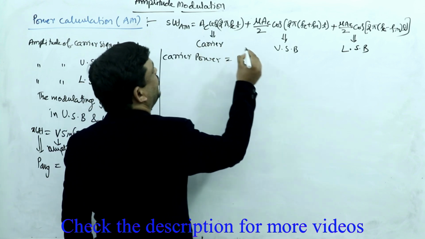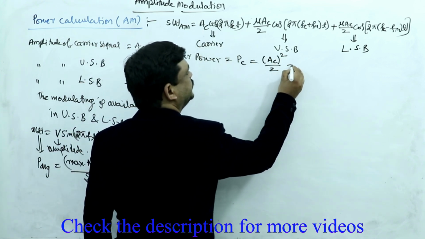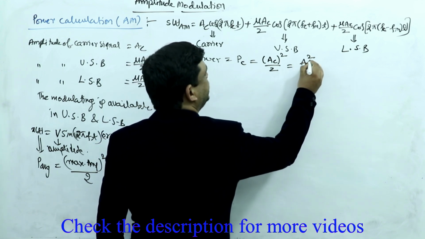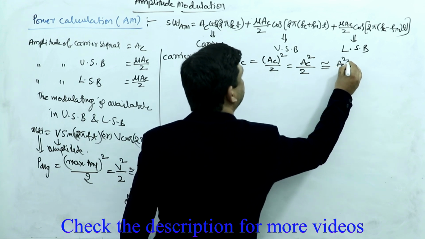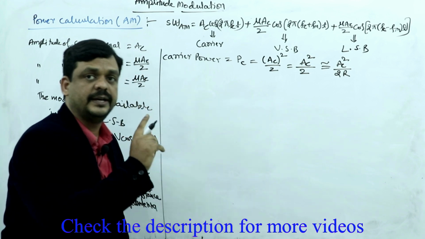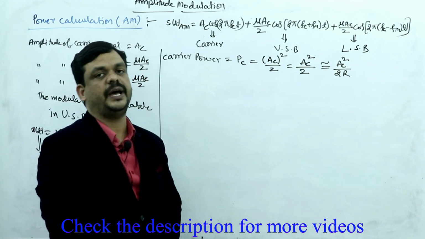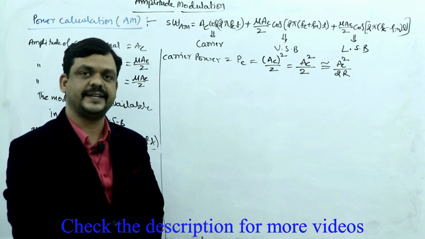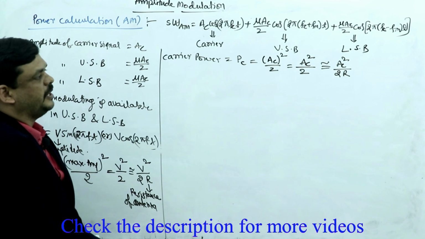Your maximum amplitude is Ac, so Ac square by 2. Approximately we can write Ac square by 2, or if you consider the resistance of the antenna, then the equation becomes Ac square by 2R, from the voltage and resistance equation, right? And similarly, the carrier power is finished.